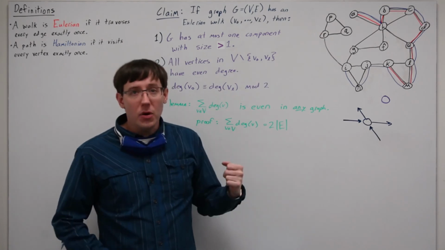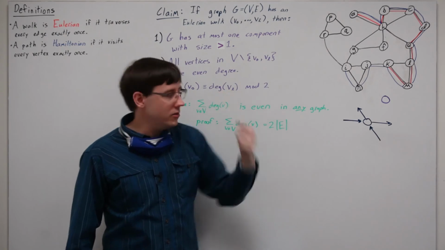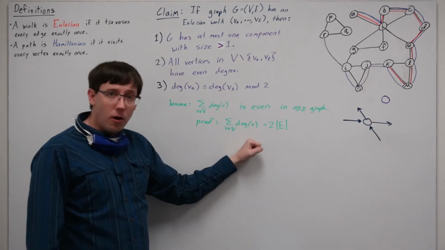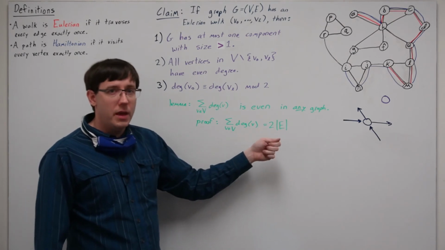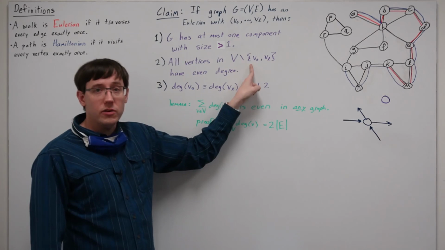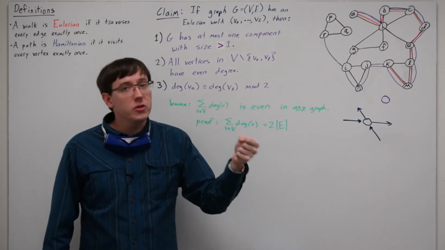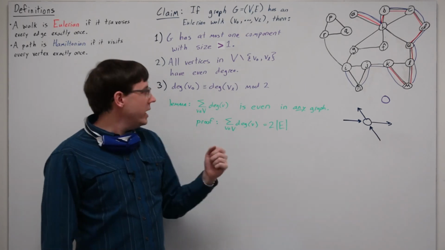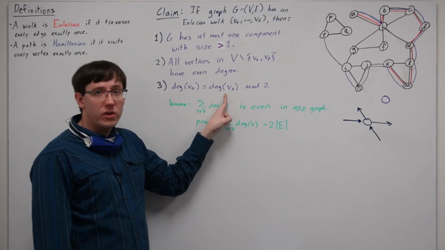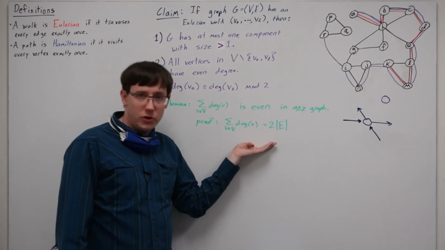So when we add up all of the degrees, each edge appears in that sum twice, so we get twice the number of edges. Then if the sum of all of the degrees is even, and everything except for these two vertices has even degree, then the remaining degree must be even. And so either these two degrees are both even, or they're both odd, in order to ensure that the total degree is even.